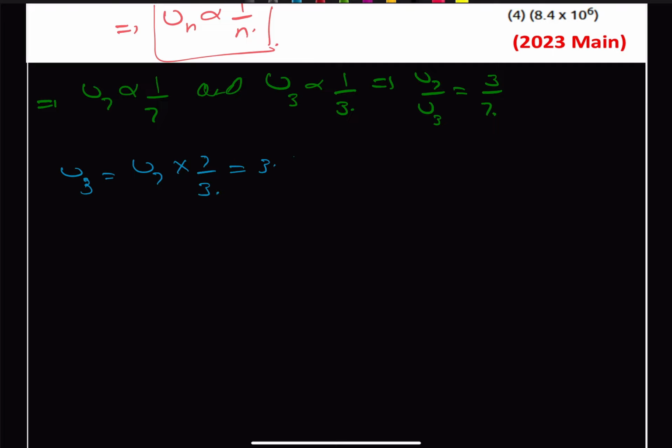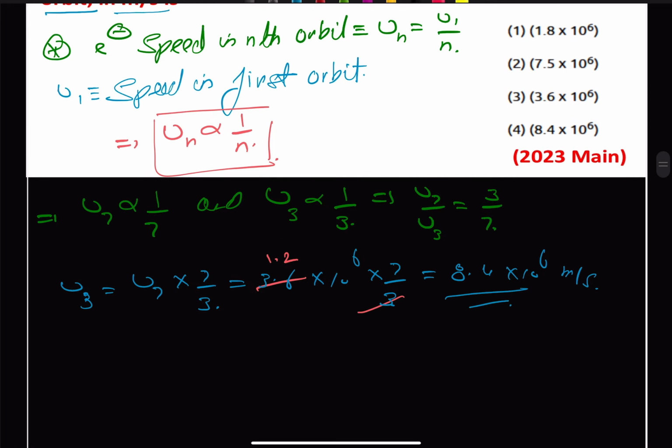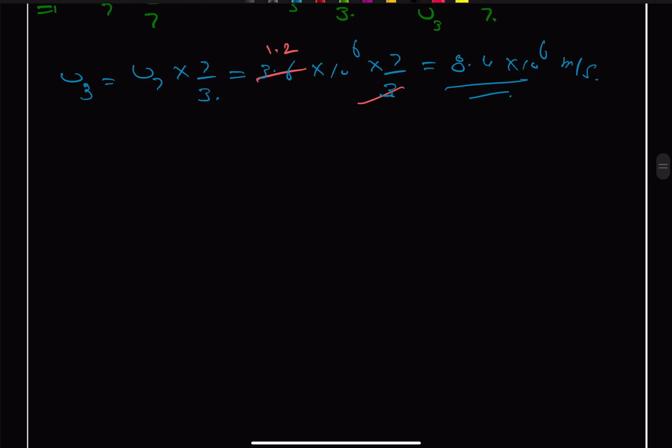That is 3.6 into 10 to the power 6 multiplied by 7 divided by 3. This gives 1.2, and therefore this will be equal to 8.4 into 10 to the power 6 meter per second. So option number 4 is correct.